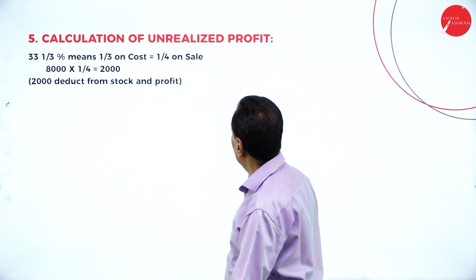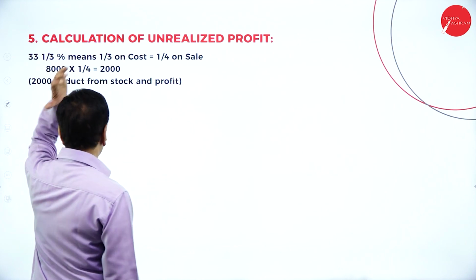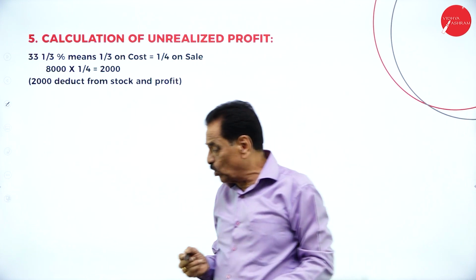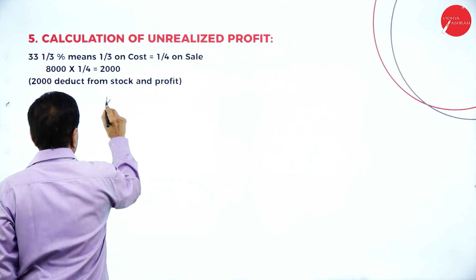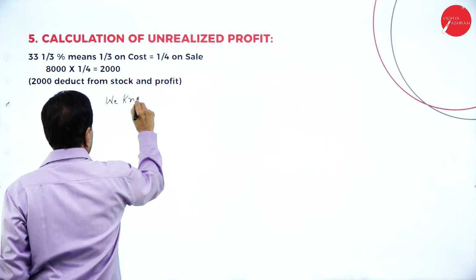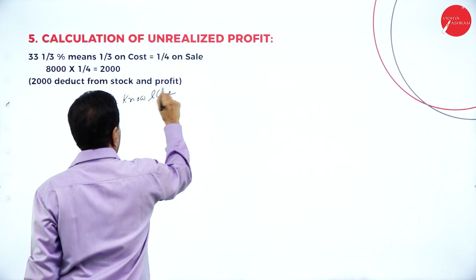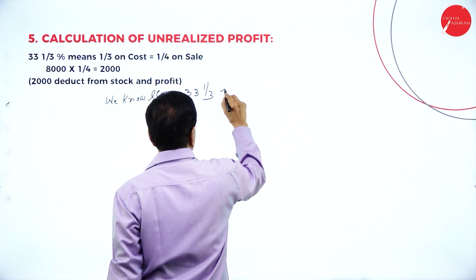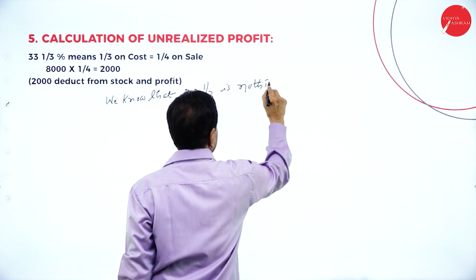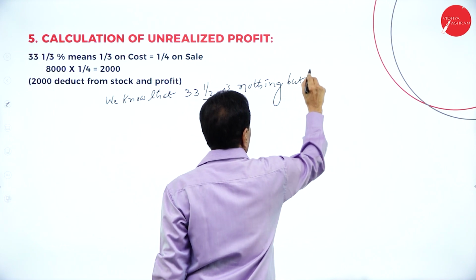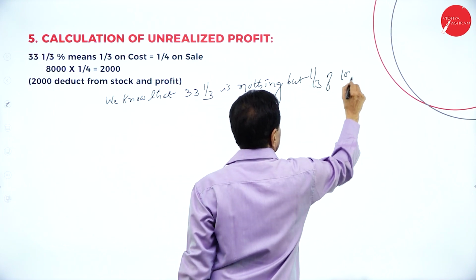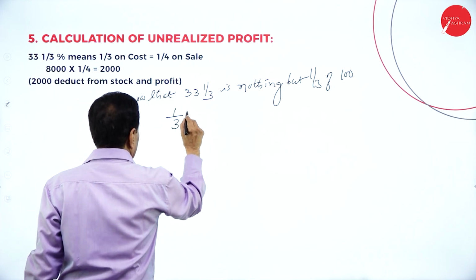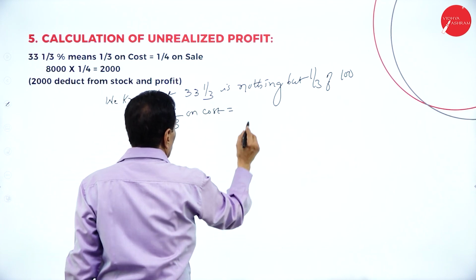Now, come back to the calculation of unrealized profit. 33 1/3%. In accountancy, 1/3 on cost. Here we know that 33 1/3 is nothing but 1/3 of 100. The rule says 1/3 on cost is equal to 1/4 on sale.